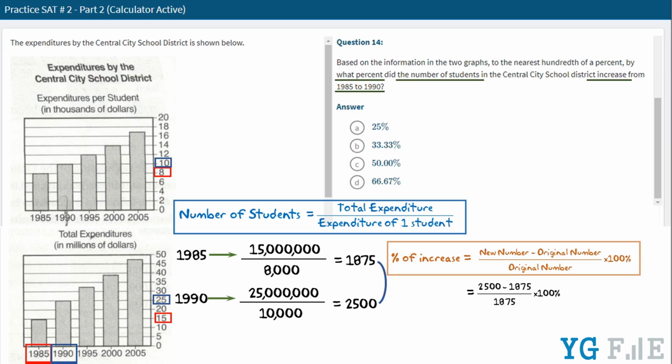We get 2,500 minus 1,875, divided by 1,875, times 100%. Then we calculate this value, and the result is 33.33%. So the answer for this problem will be B.